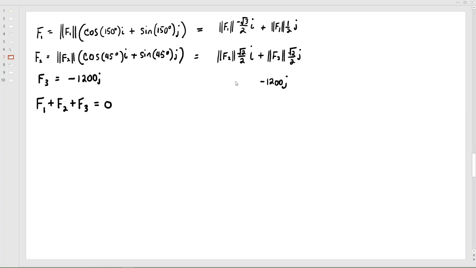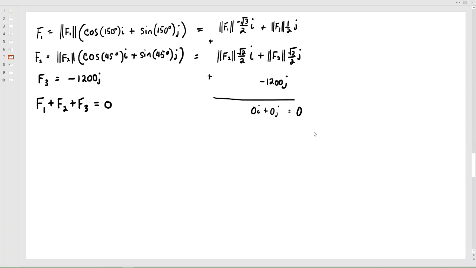Okay, so if I add these three together, so if I take this plus this plus this, I need to get the zero vector, 0i plus 0j, which is just the zero vector. So we're going to take the like terms and put them together and realize that the coefficient of i needs to sum up to 0, and then the coefficient of j needs to sum up to 0.